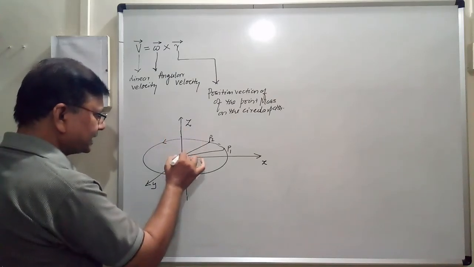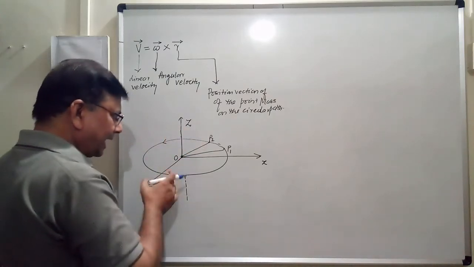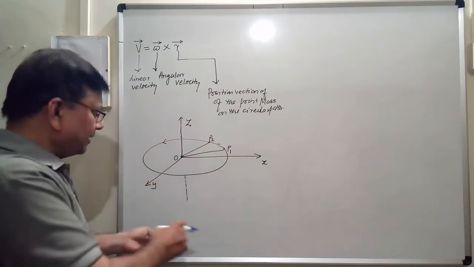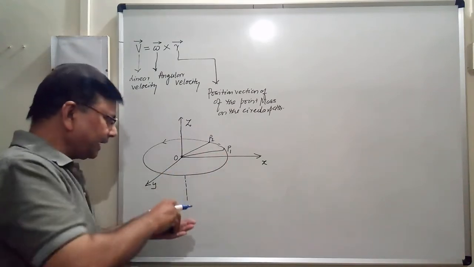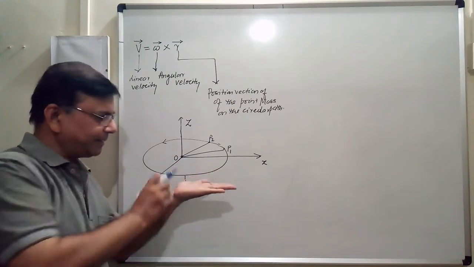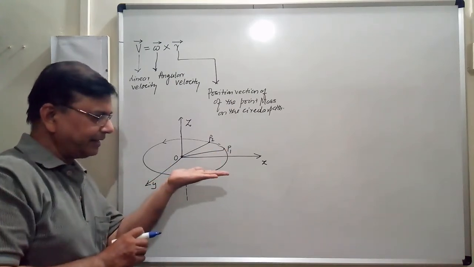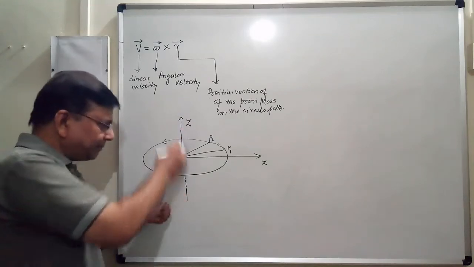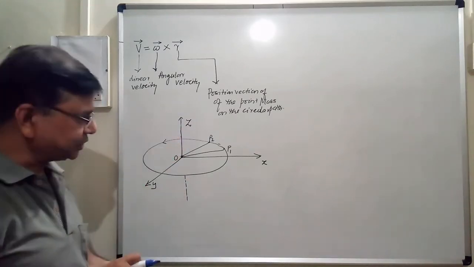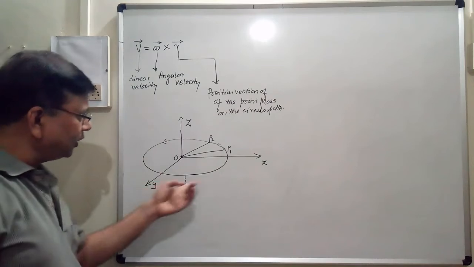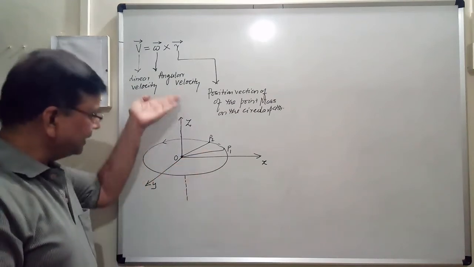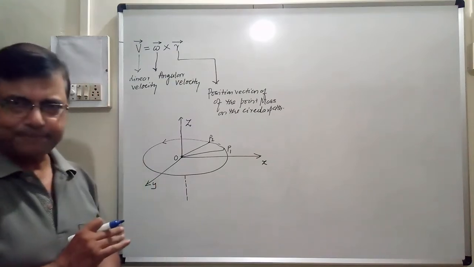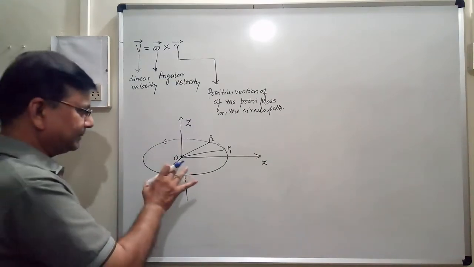The origin is this, and this point mass is making this circular path in the xy plane. This is the xy plane, right? And this is the perpendicular, the z-axis, and it is revolving about this axis, for a point mass.